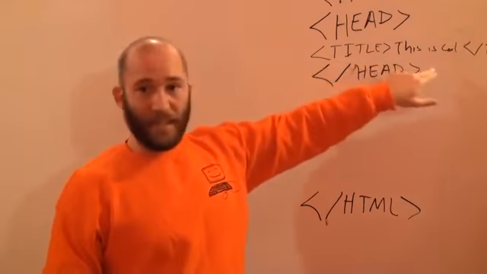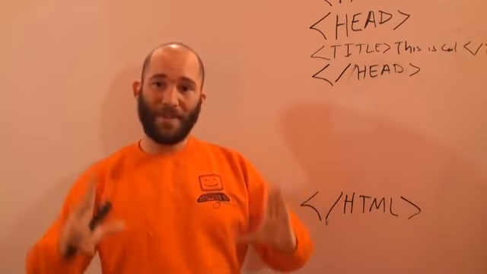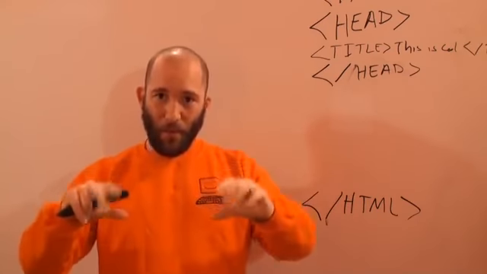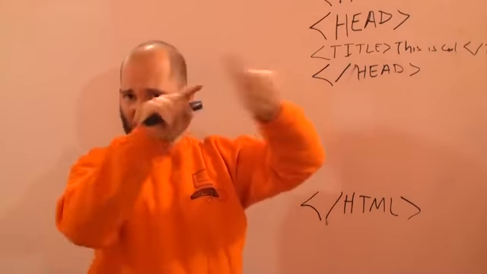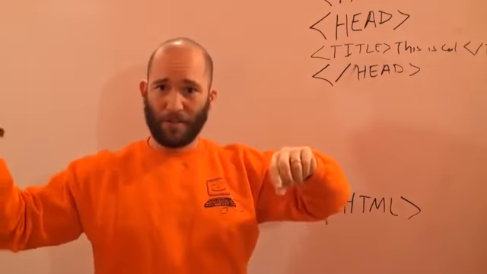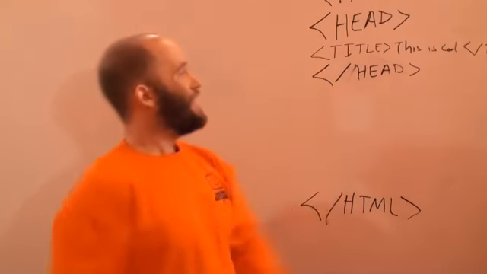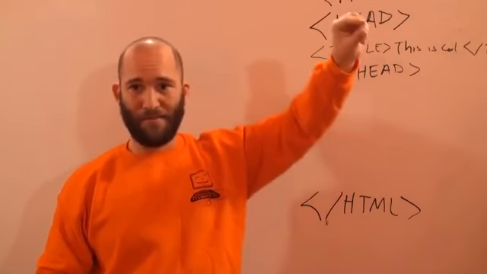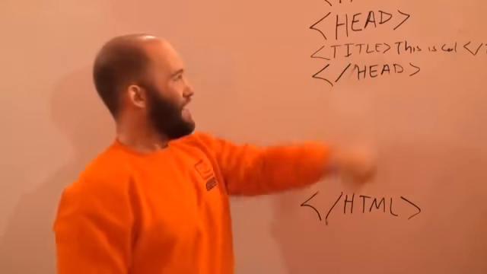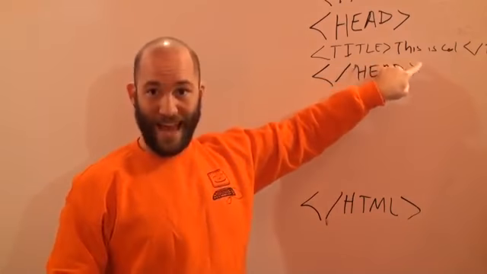What this title tag does is, at the top of the web browser, not the top of the web page, but all the way at the top of the web browser, above all the little arrow buttons and home buttons and refresh buttons, you know how there's a title up there? This is how you put that title in there. So if it says CNN.com, the world's best place for news, they put this tag there in order to put that.